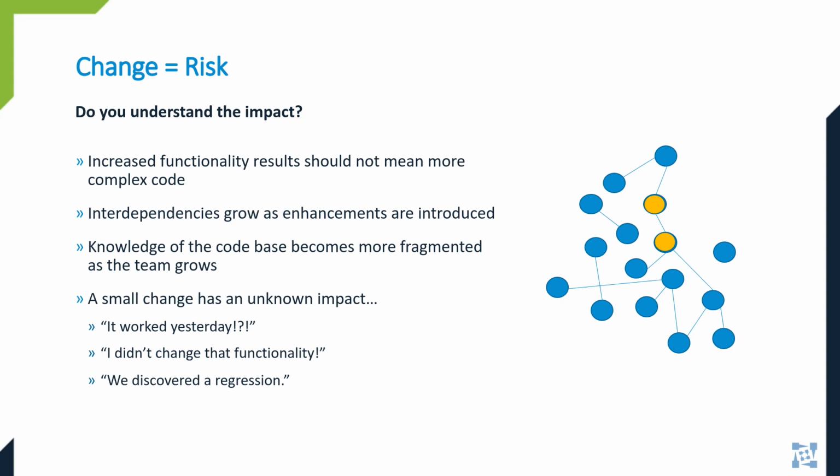We also know that when code evolves, it often gets more complex. There are more interdependencies. Various development teams can become more specialized and fragmented in their scope of knowledge and understanding of the code. And the risk of introducing regressions, even for smaller changes, grows over time.